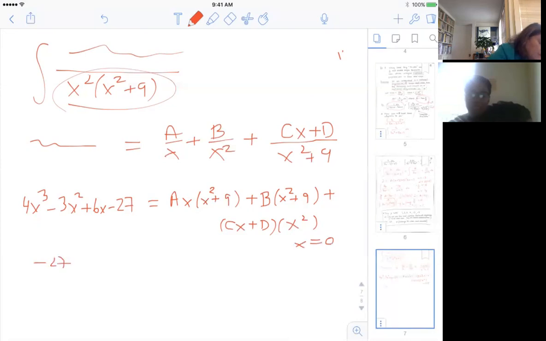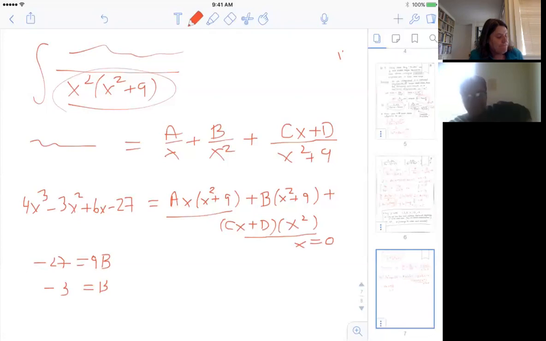It'll drop this one out, it'll drop this one out, it'll drop this one out, but it will not drop that one out. So if x is 0, it'll be 9B. So what is B? Negative 3. Oh, that's an equal sign, sorry.